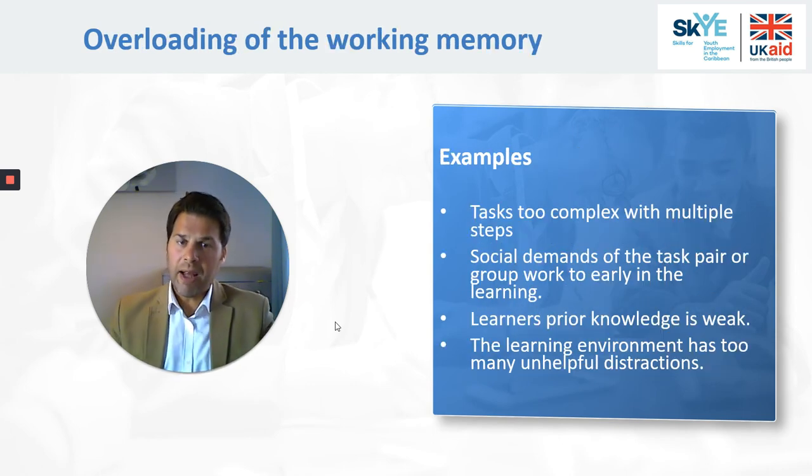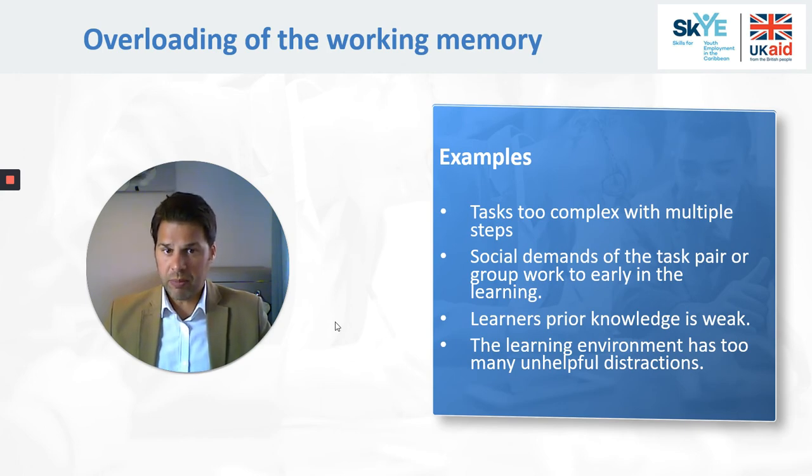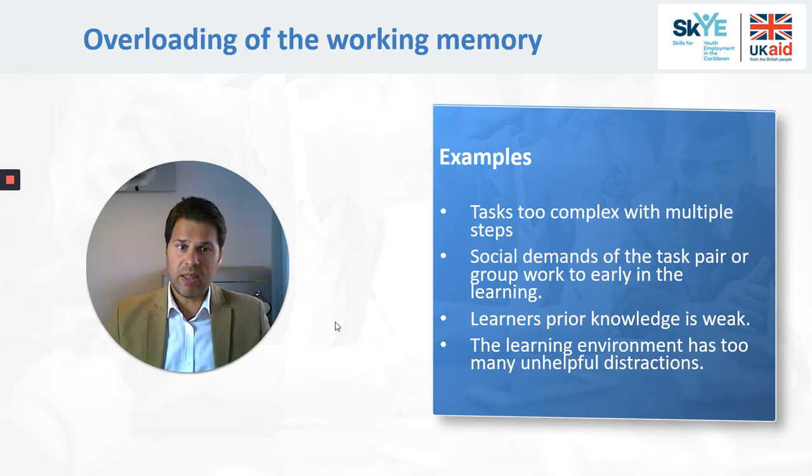So when we talk about overloading the working memory, here are some examples of the types of things that would overload the working memory. One thing that often teachers do, and students tell us that we do, is that the tasks are too complex with multiple steps. Okay, so we have too many steps within our tasks, and that stops students being successful.